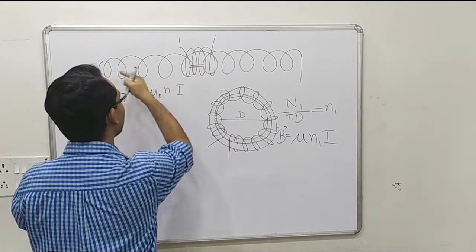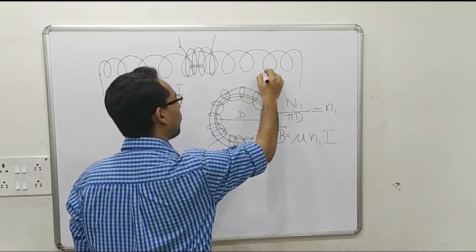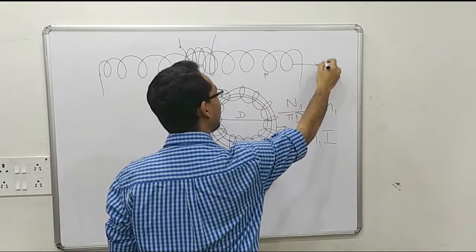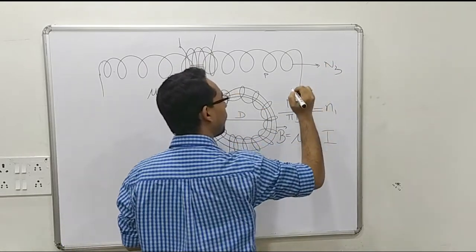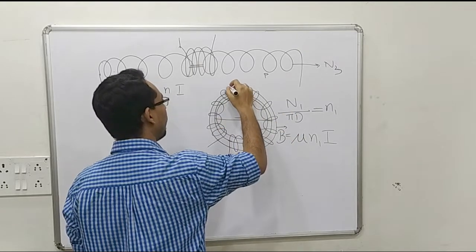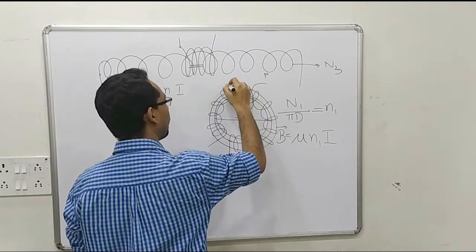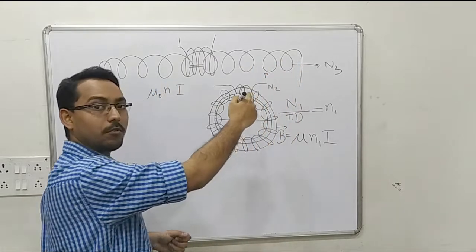Let me call the number of turns of the primary of the solenoid N2 or N3, suppose. Why N3? Because N2 will be needed here also for my own secondary of the ampere ring. So let me call the primary of the solenoid N3.